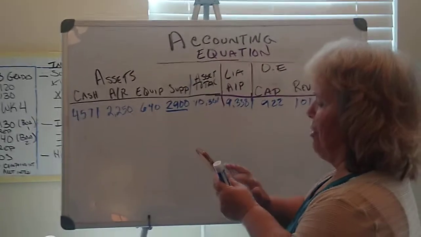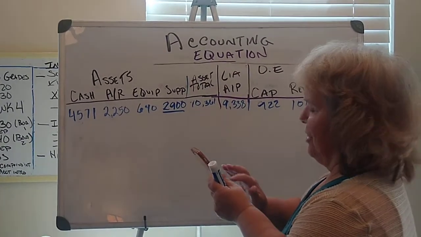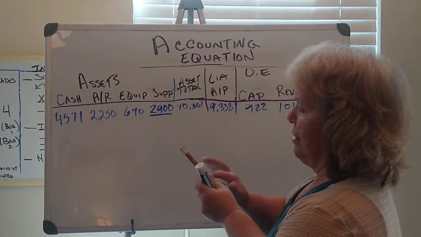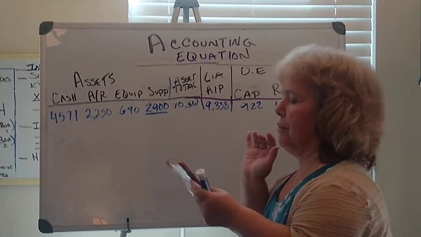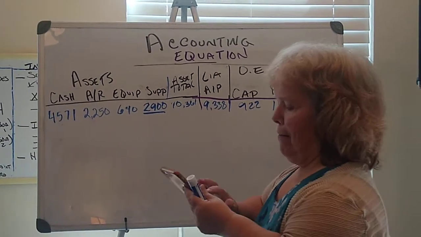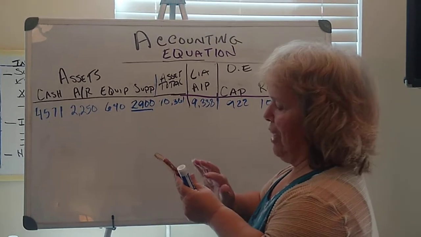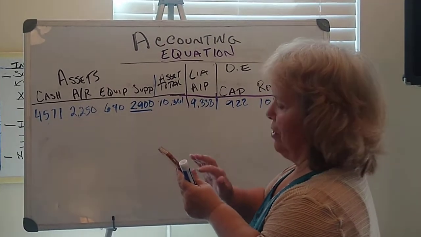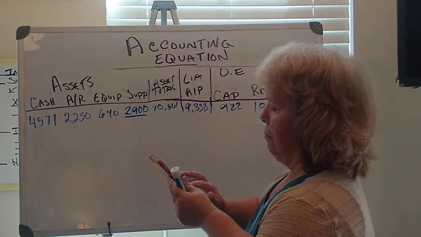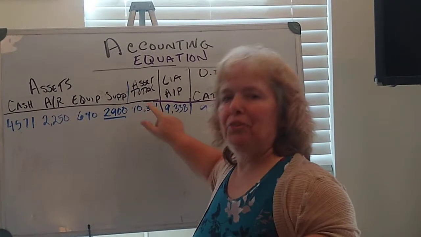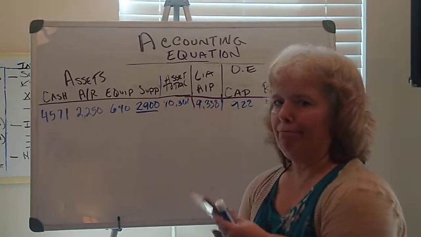Just add that one. 4,571 plus 2,250 plus 640 plus 2,900 equals 10,361. Bam. Got it.